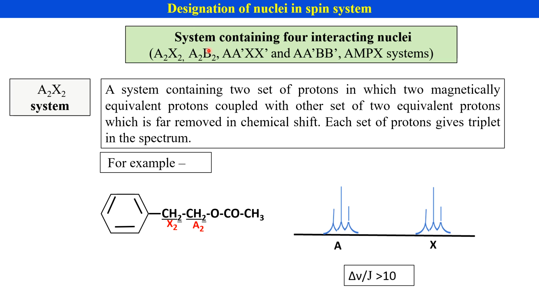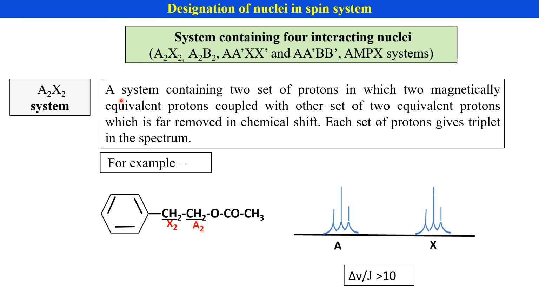Then we see systems containing four interacting nuclei. Some systems are A2X2, A2B2, AA'XX' and AA'BB', AMPX systems. First we see the A2X2 system.